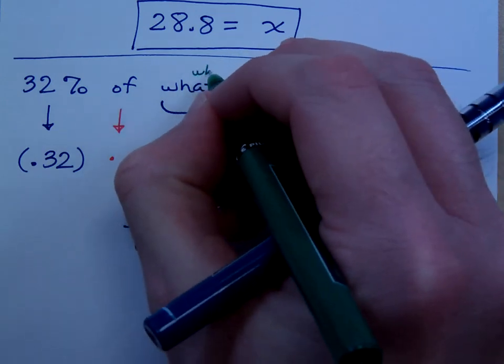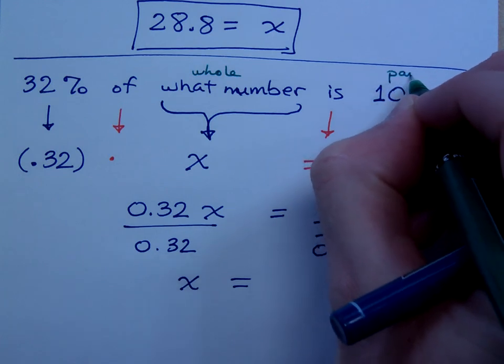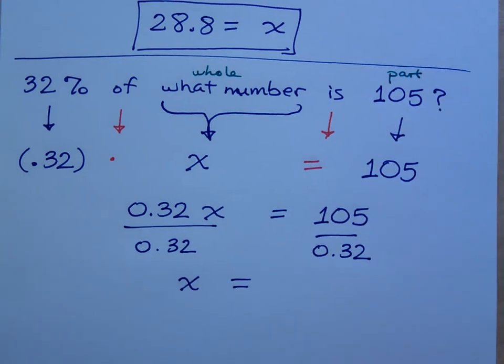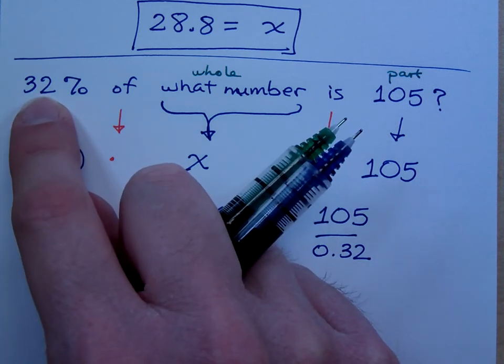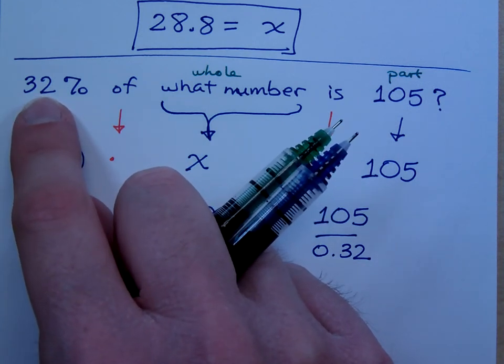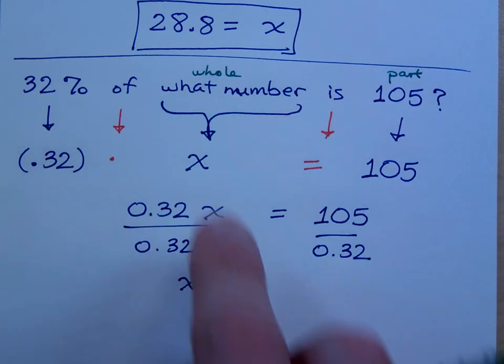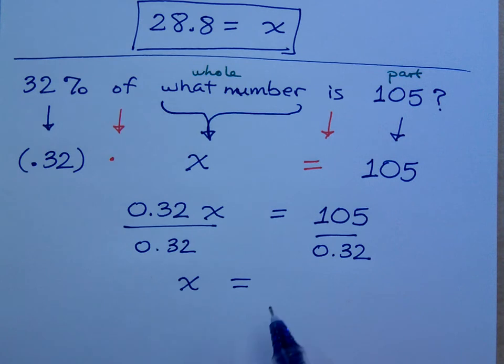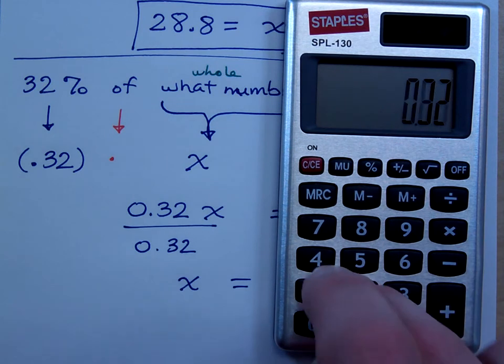So this right here is the whole amount, and this is supposed to be the part, right? 32% is not all of it, is it? 32% is a smaller portion. So that means the part is going to be smaller than the whole amount. So my answer here better be more than 105. So 105 divided by 0.32.